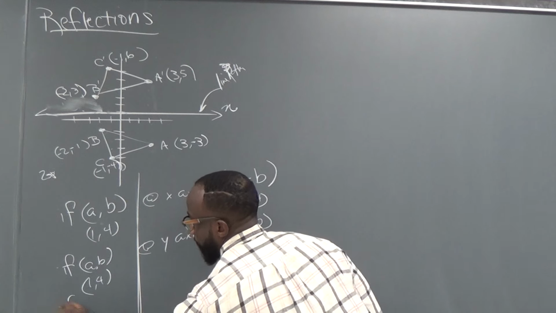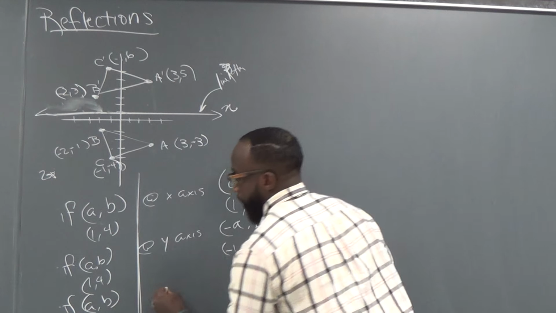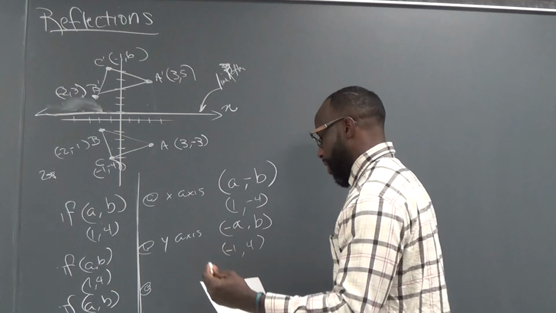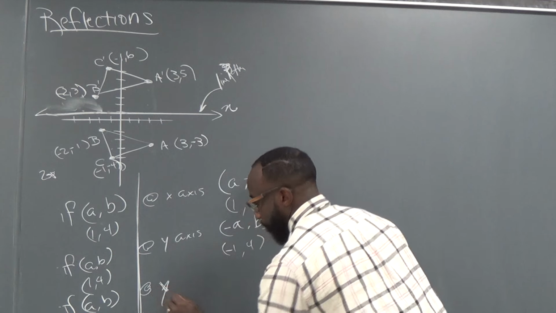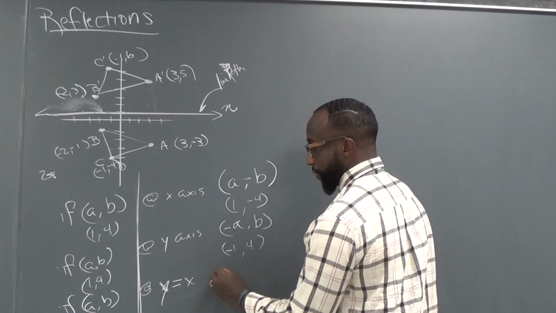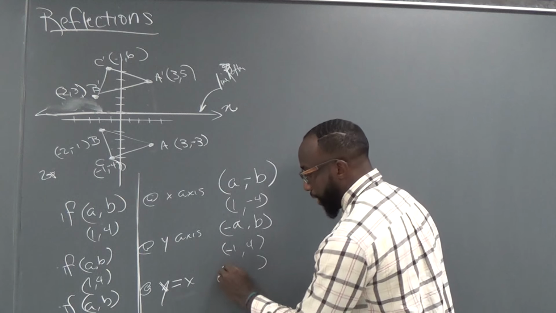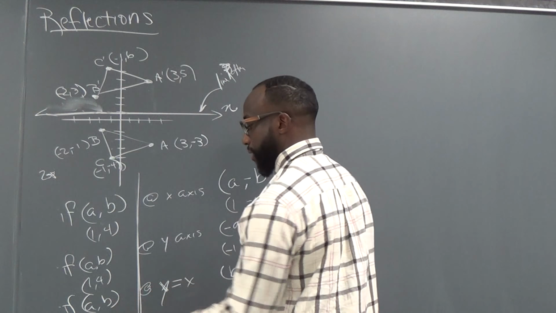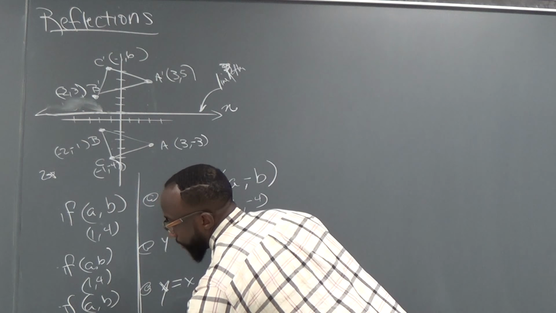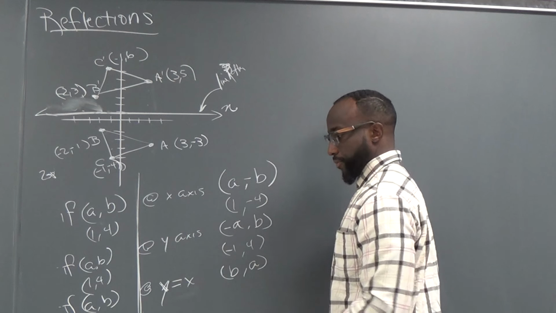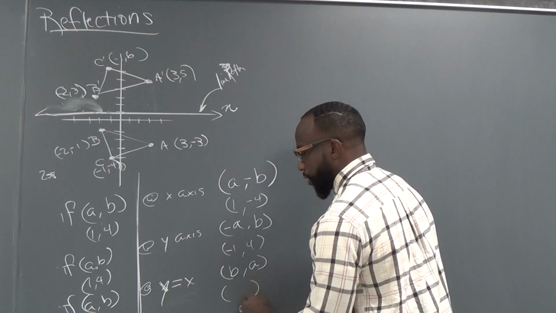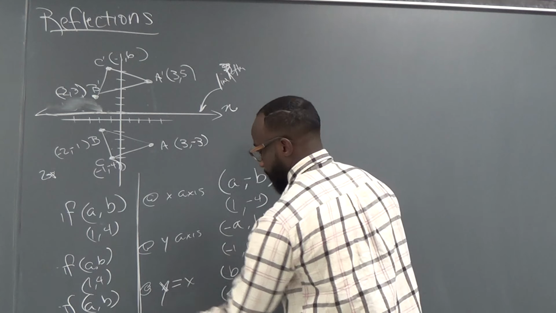The last 2 rules, let's see if I can write it down first. If any point AB is reflected on a specified line, so a slanted line, so a line where y equals x, which means this is a line with the slope of 1, what would happen is B and A would change positions. So they would just flip. So again, if this was a point 1, 4, and it was reflected along y equals x, the new location of this point would be 4, 1.